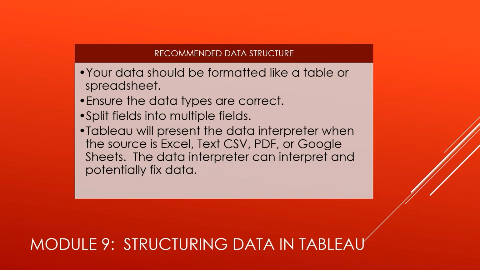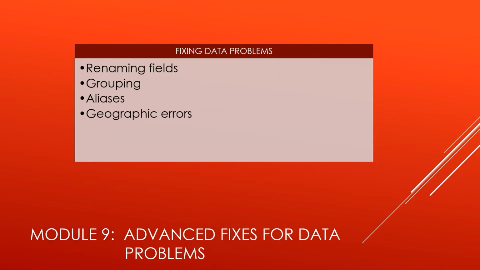And then Tableau will present the data interpreter when the source is Excel, text CSV, PDF, or Google Sheets. The data interpreter tool in Tableau can interpret and potentially fix data structure issues. And lastly, some ideas for fixing data problems would be renaming fields, which we've also done, grouping, aliases, and identifying and fixing geographic errors.